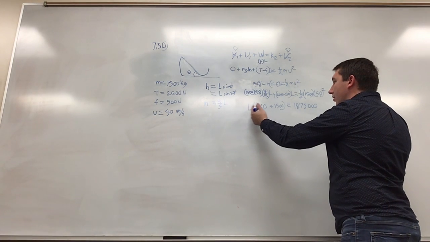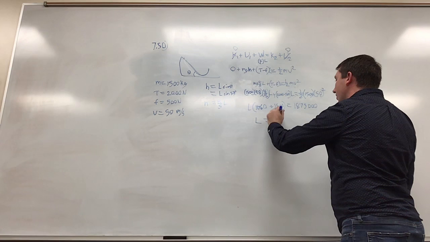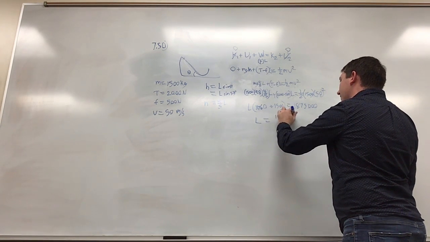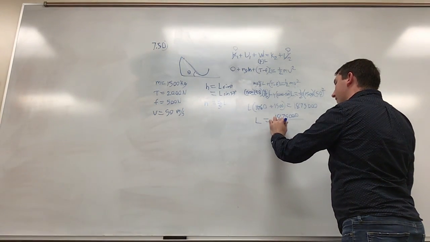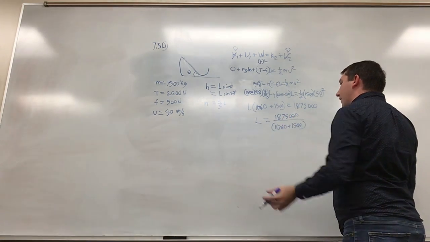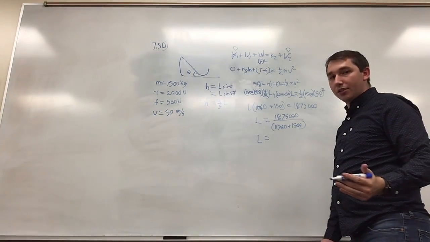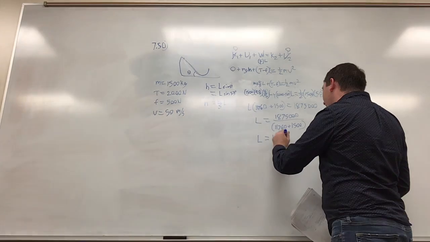So we then divide both sides by this, so the length is going to be equal to that divided by this. And you find that the length that the rocket needs to be started up the ramp is equal to 141 meters.